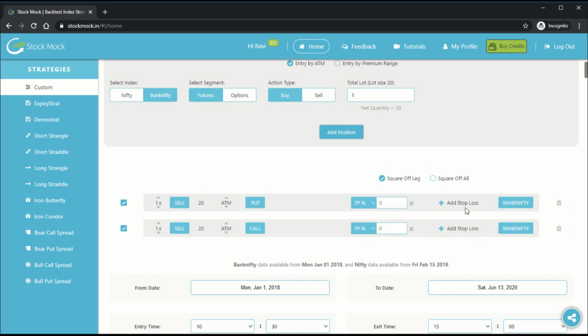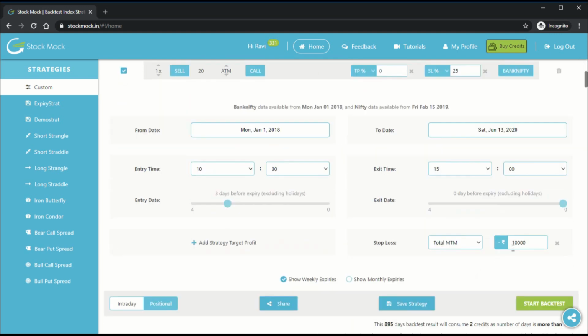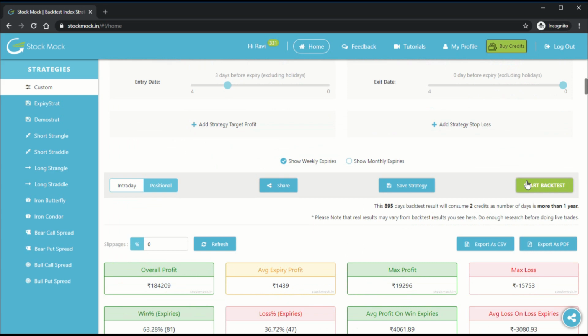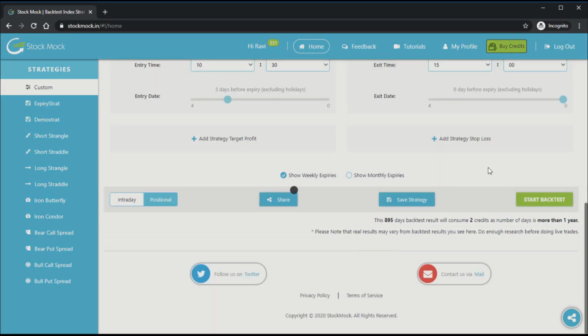Let's say I am setting 25% as my stop loss and 25% as my target. Right? And let's start backtesting. There you go.